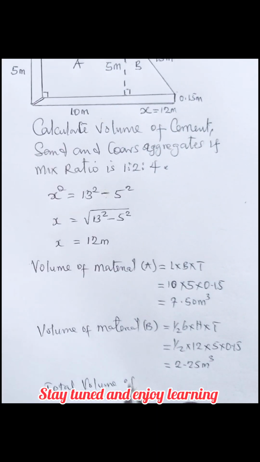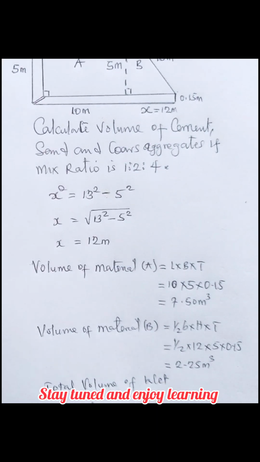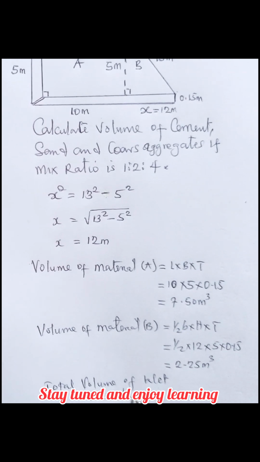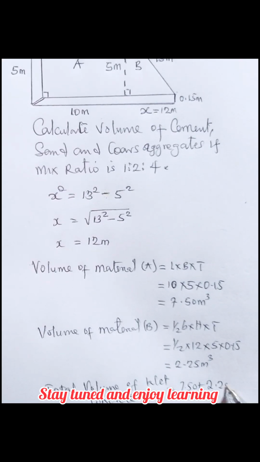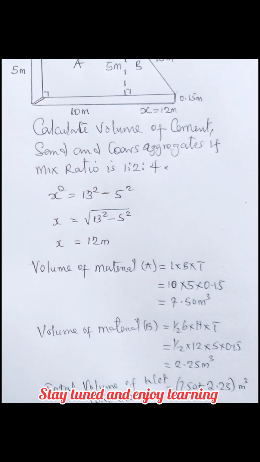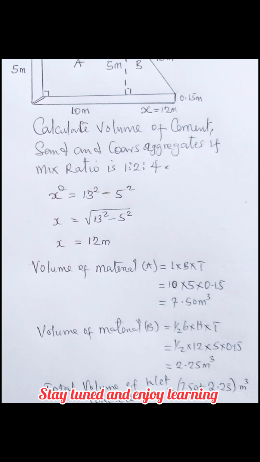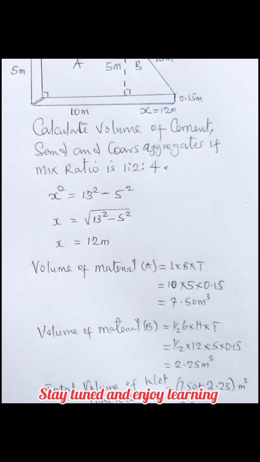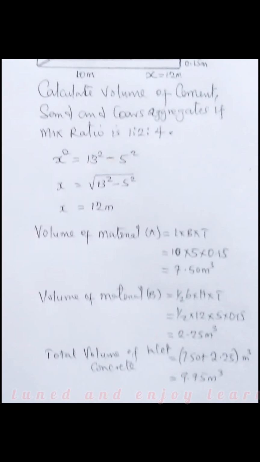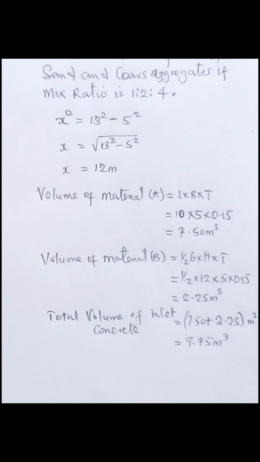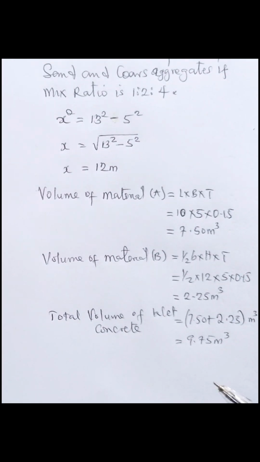So the total volume of wet concrete is equal to 7.50 plus 2.25, all in meter cube. This will give us 9.75. So this is the total volume of wet concrete.